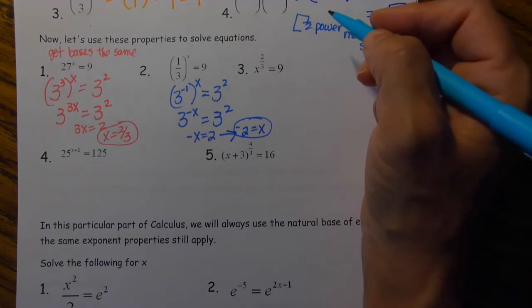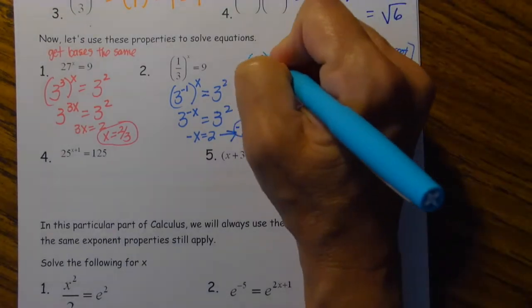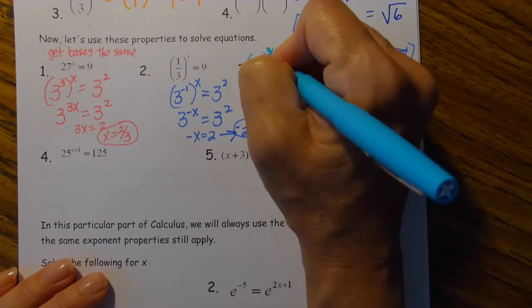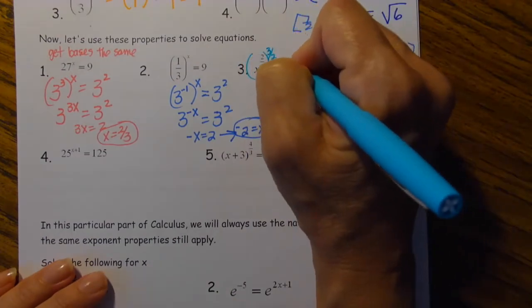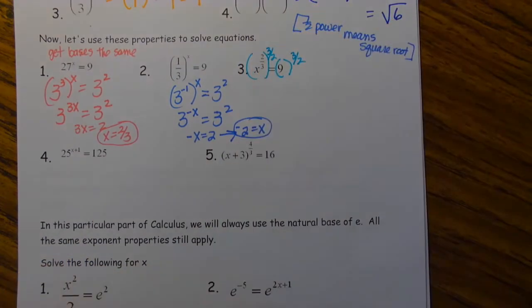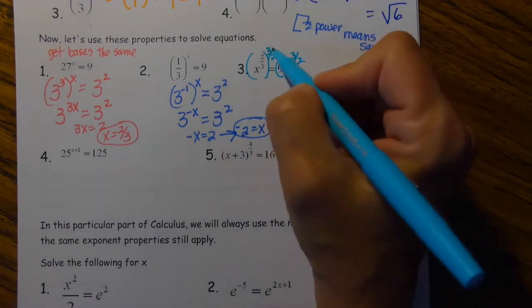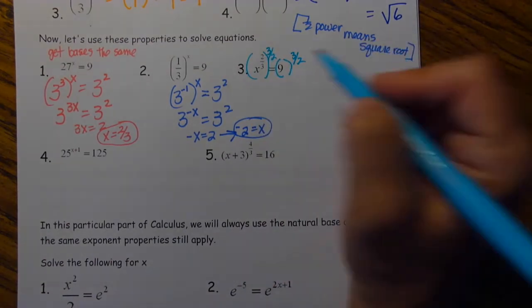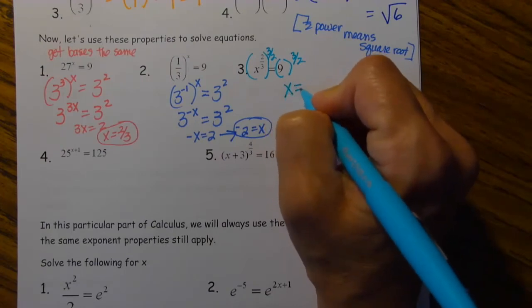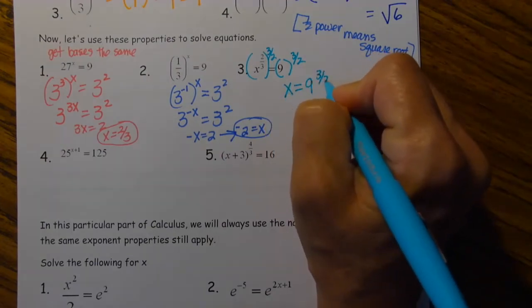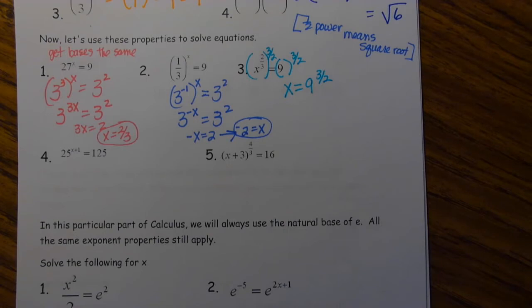You multiply by its reciprocal, right? So if that's 2/3, I'm going to write 3/2 out here. And if I do it to one side, I had better do it to the other side. So 3/2 times 2/3 is 1. So I have x equals 9 to the 3/2. Is that true so far?